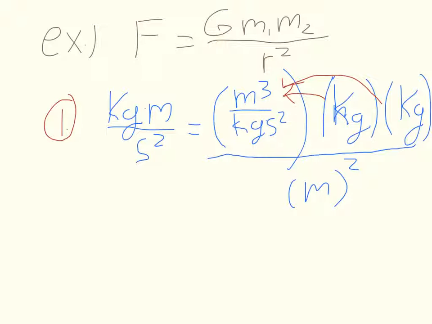And because of that, one of these kilograms will cancel with the kilogram that I have in my denominator inside these first set of parentheses. And then that just leaves me with the meters cubed times the kilogram, and that's all over a second squared.